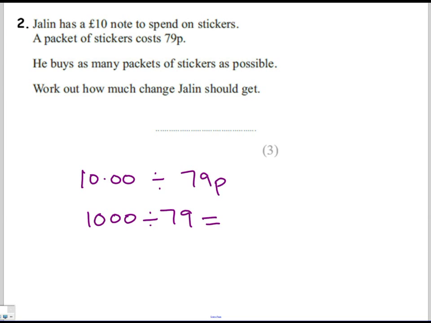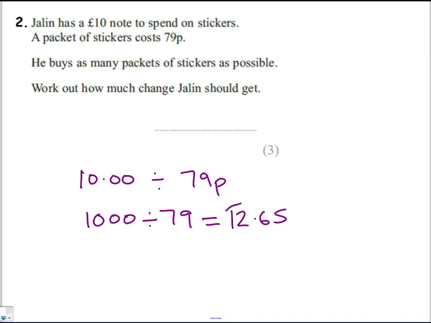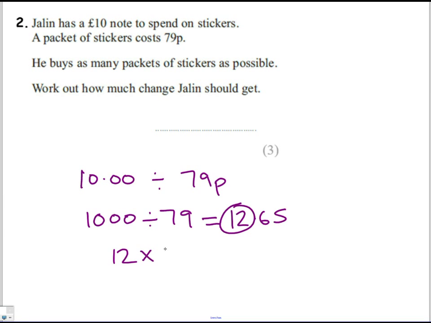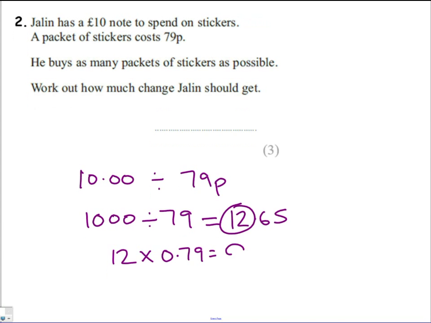Like we said earlier, we can do this on a calculator. When I divide 1000 by 79, I get 12.65. What this is telling us is that we get 12 packets of stickers. When I multiply that by the 79p, 12 packets would cost me £9.48.